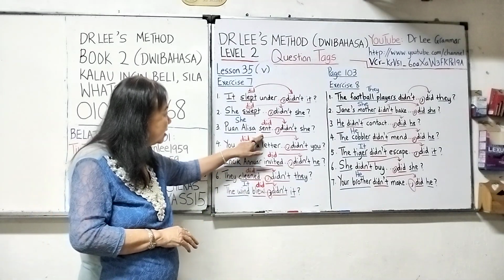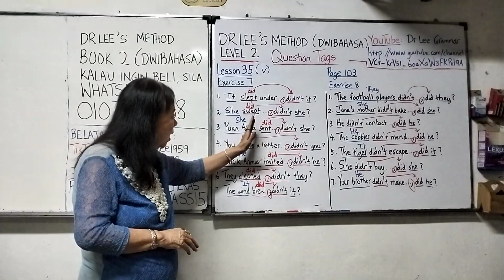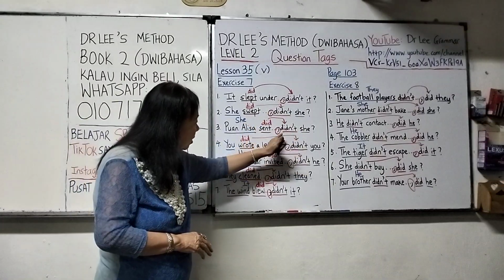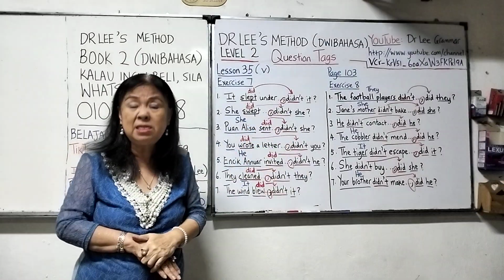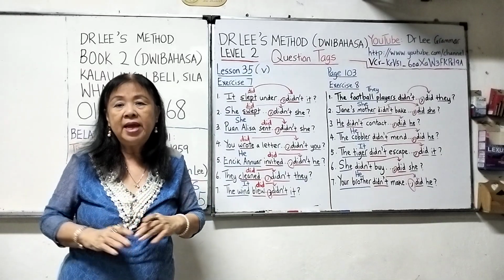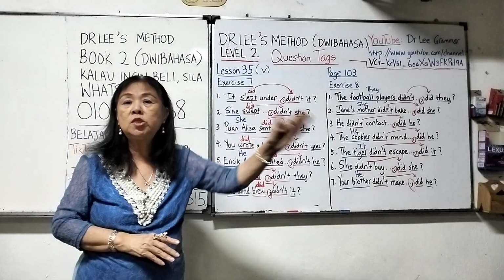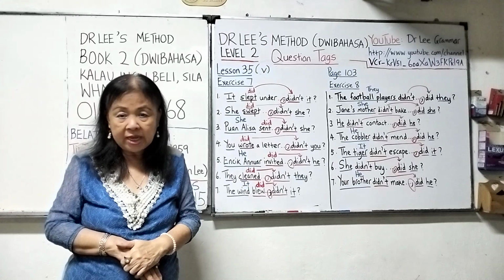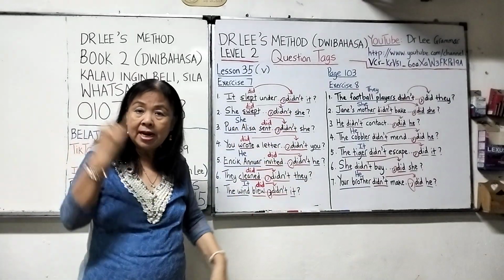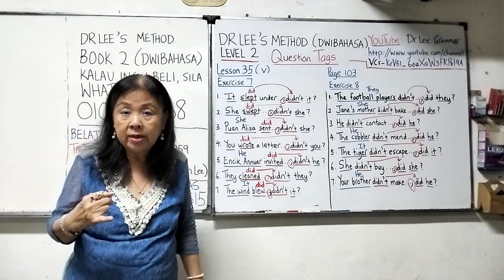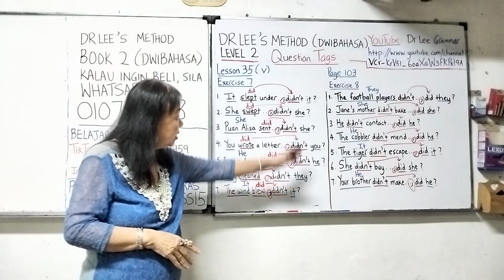So this word is the past tense, therefore there is a did inside here. When you bring it to the back after the comma, it becomes didn't, the opposite. And then Puan Alisa changed to the pronoun she. You can see over here, the last word is a pronoun. So you have to use a pronoun, see?